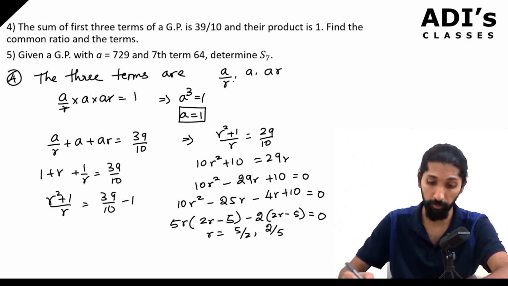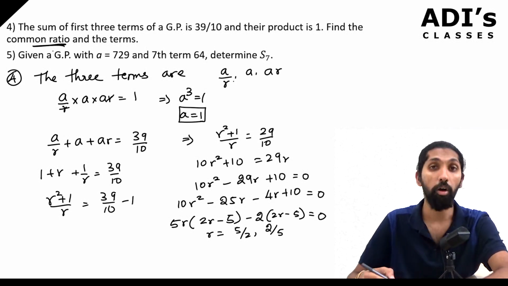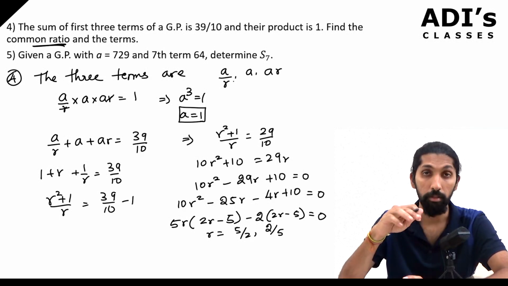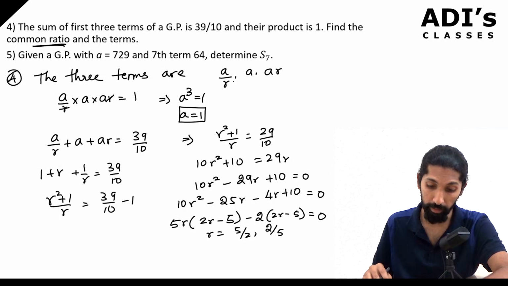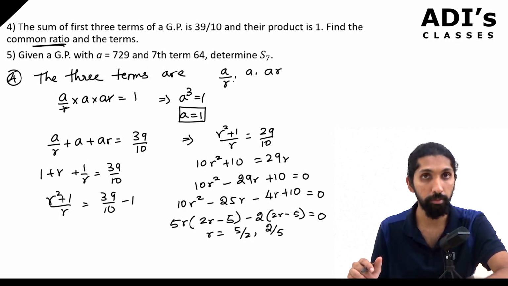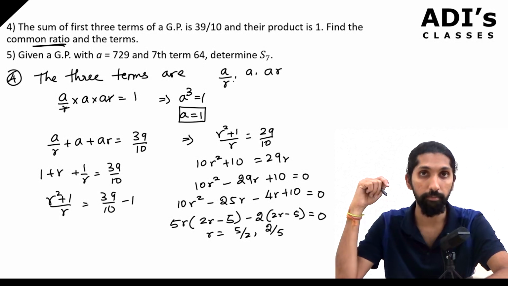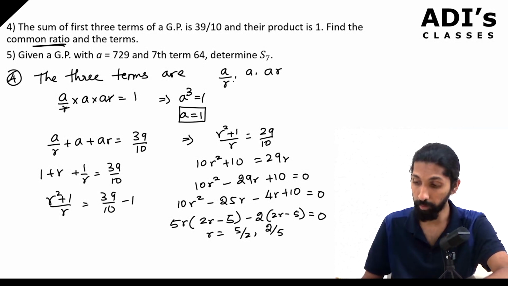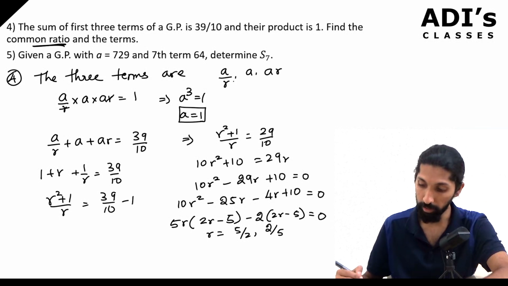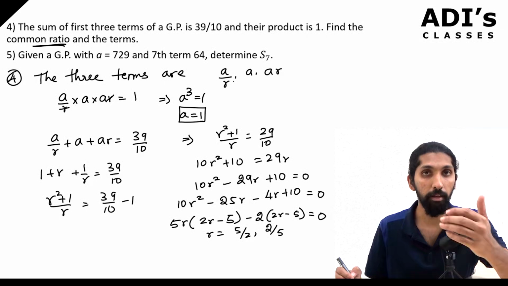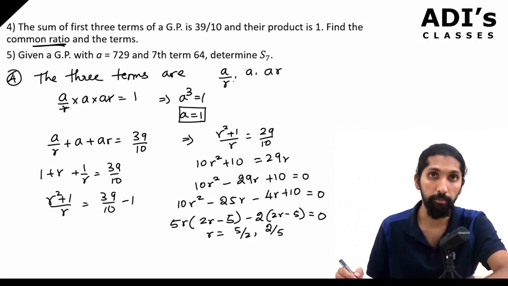So first we found the common ratio. Common ratio is either 2 by 5 or 5 by 2. Correct? This is the first part. And the second is we need to find the terms, which are A by R, A and AR. So when you take the terms, first is going to be A by R, 1 divided by 5 by 2, which is 2 by 5.